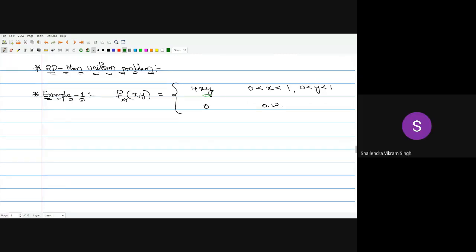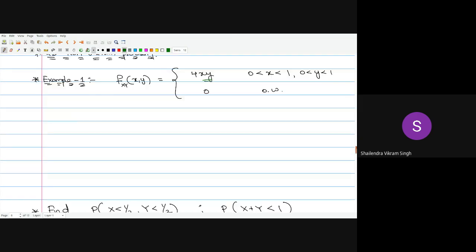This will be double integration, sir. Now this double integral and finding the limits will become crucial. 0 to 1 and 0 to 1, dx dy. Yeah. So now firstly check this. Within the given support, is 4xy dx dy giving me 1 or not?